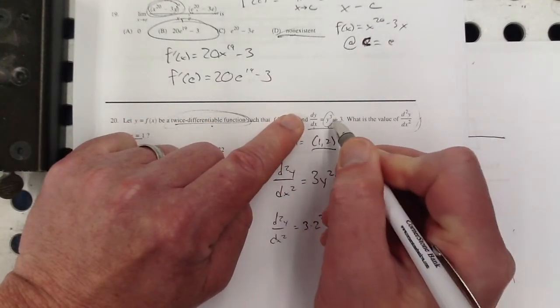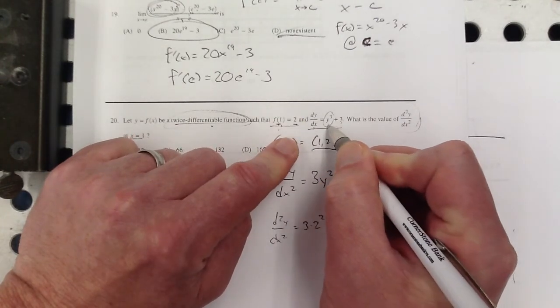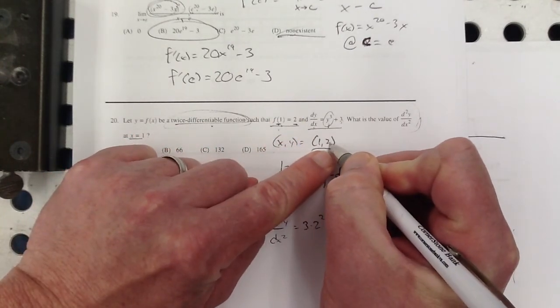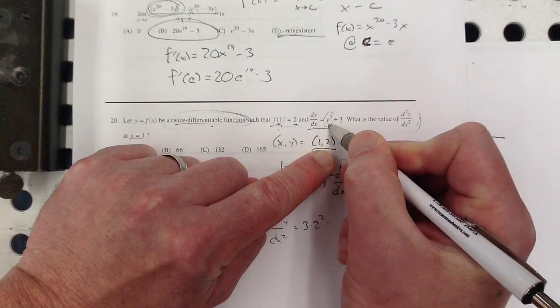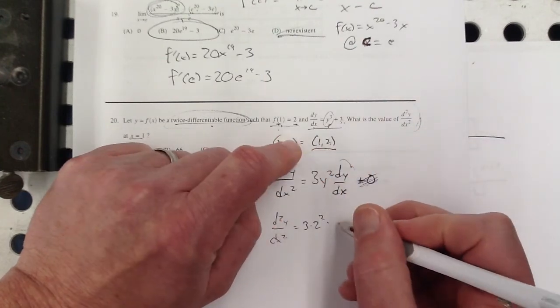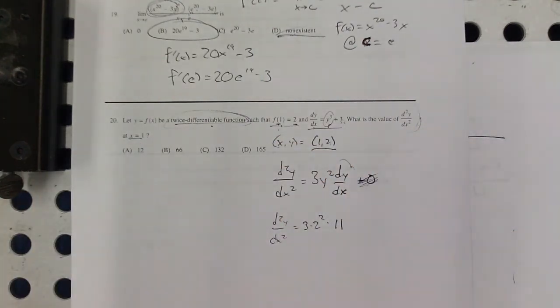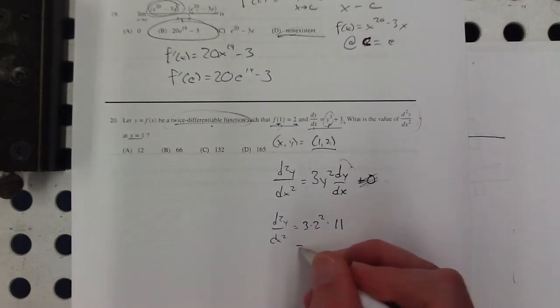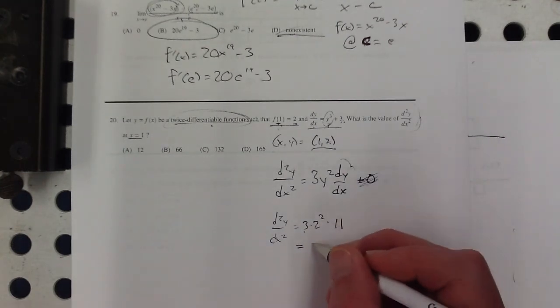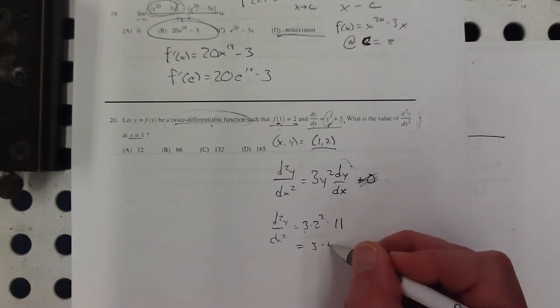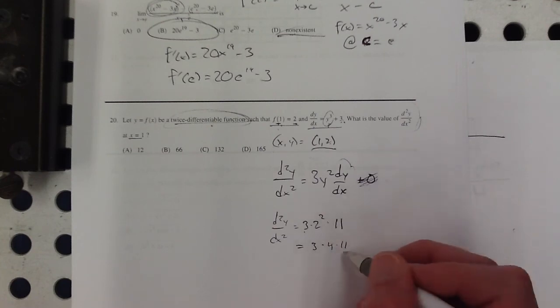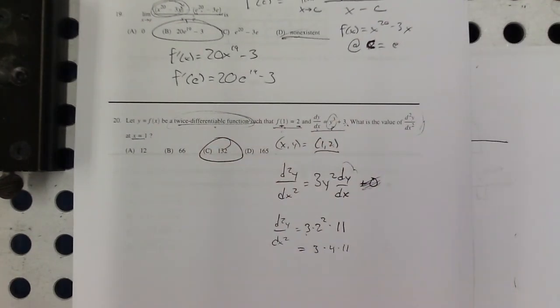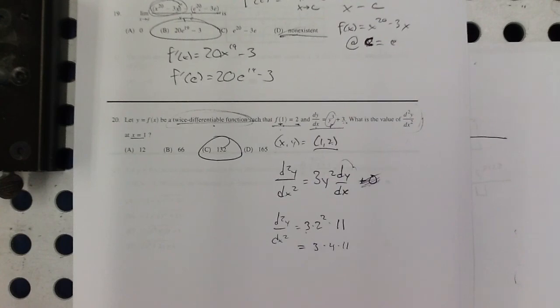Well, dy dx is y cubed plus 3, and y is 2. So 2 cubed is 8 plus 3 is 11. So looks like I've got 3 times 4 times 11, which is 12 times 11, which is 132. Sorry, there's some math.